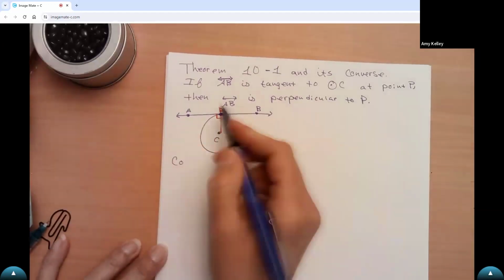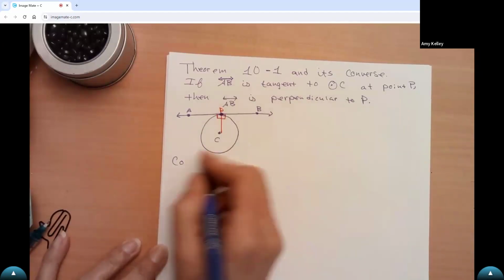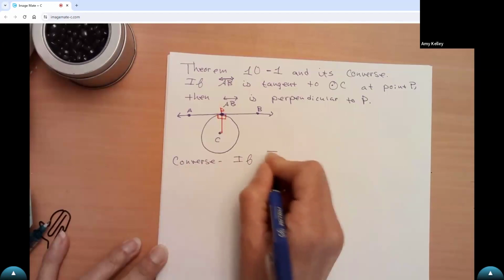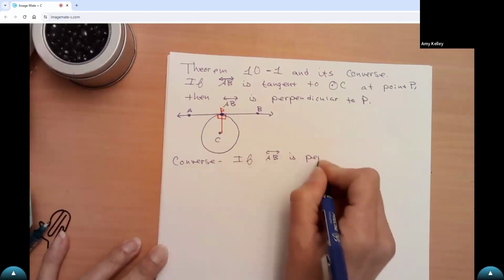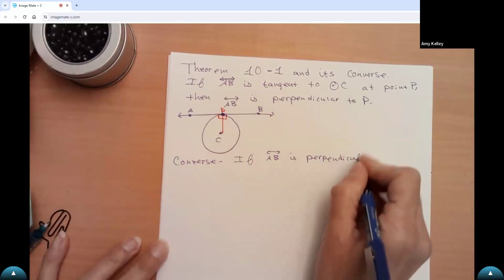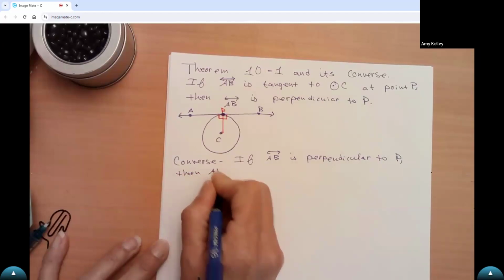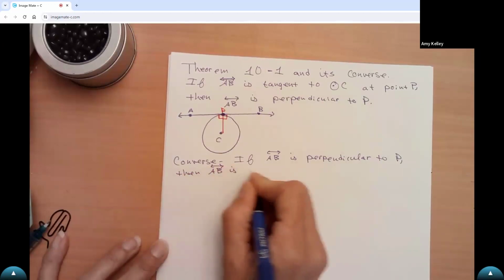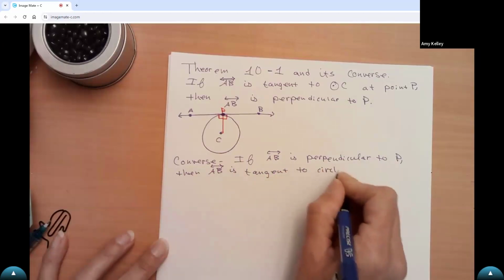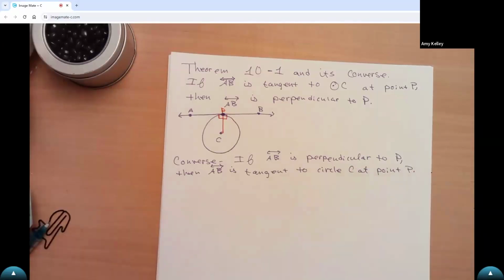Okay, and the converse, again, that's just saying the same statement backwards, right? So if AB is tangent to circle C at point P, then AB is perpendicular to P. The converse is just saying if line AB is perpendicular to P, then AB is tangent to circle C at point P. All right, so pretty straightforward.